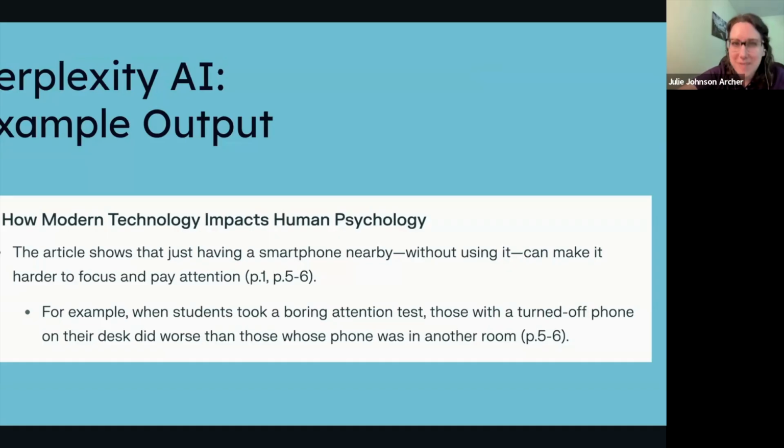So the output summarized that the article shows that just having a smartphone nearby without using it can make it harder to focus and pay attention. Okay, let's go to page 1, page 5 of that article and see where it says that. But I can follow that a lot easier than even just the title of the article. And after reading the article, I did find the notes to be accurate and just helpfully simplified.